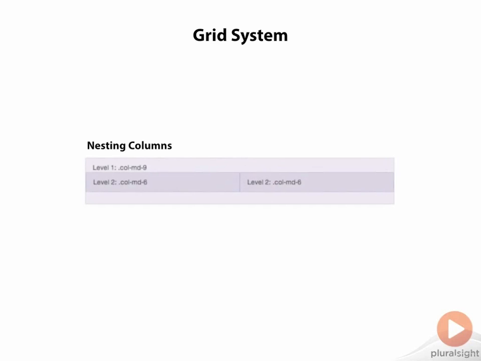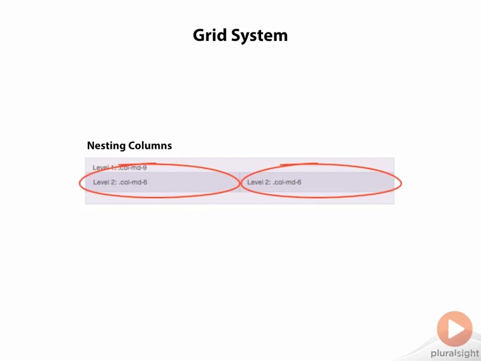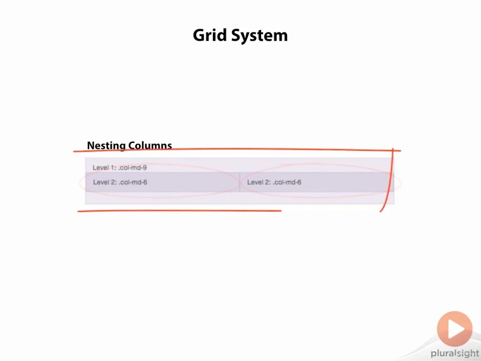Inside of that, you could put a container of whatever size you want, say col-md-9, and inside of that container, you put another row, which will only be as large as the wrapper around it, or 9 columns, and then add your new columns. These columns will be sized relative to the container they are in. So 2 col-md-6 columns will only be as large as the col-md-9 that is wrapping around them.